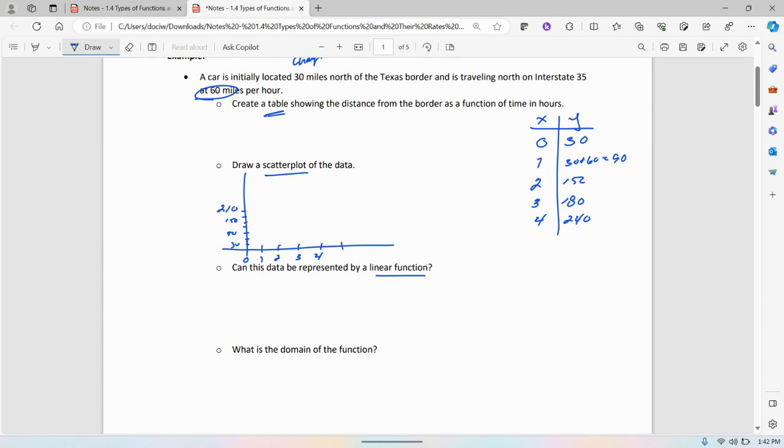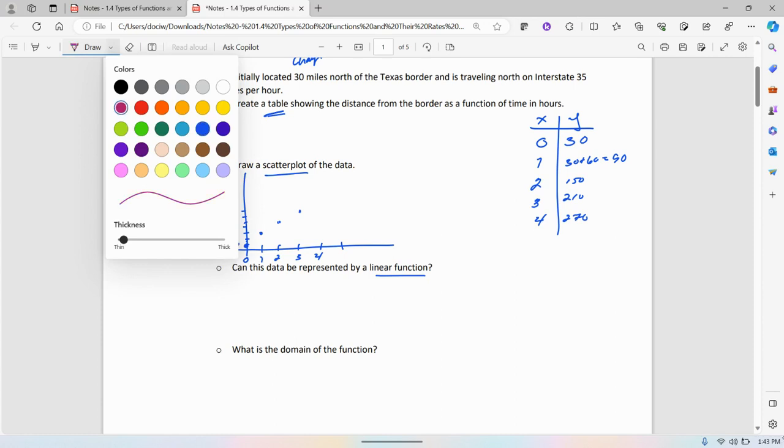I got to fix my numbers over here. I apologize. So we said that this is going to be 90 plus 60 is 150, 210, 270, and so on. So after 0 hours, we're 30 miles from the border. 1 hour, we're another 60, so we're 90 miles. After 2 hours, we're another 60, so we're 150 miles from the border. And after 3 hours, we're 210. So there's a scatter plot.